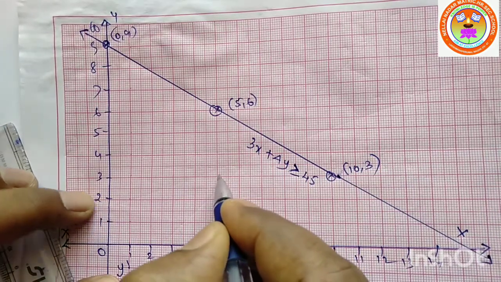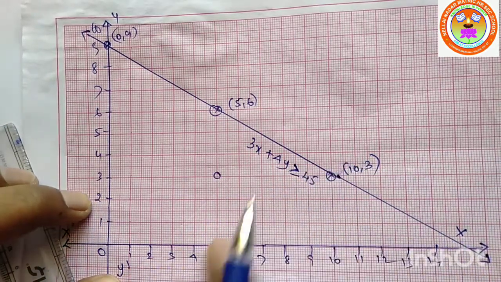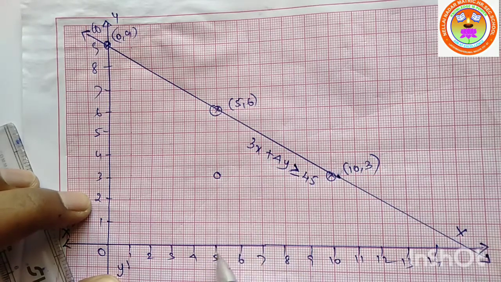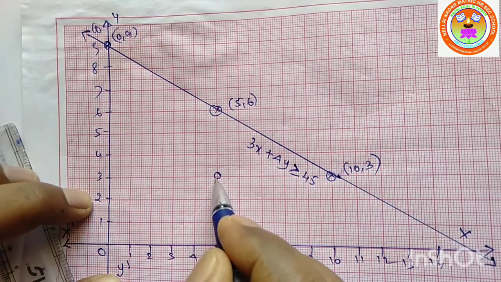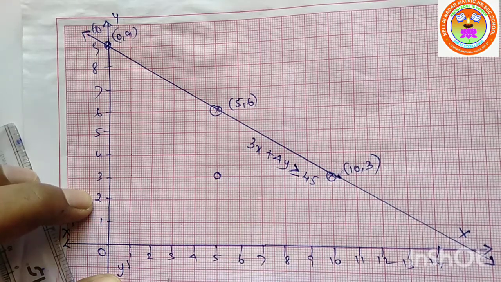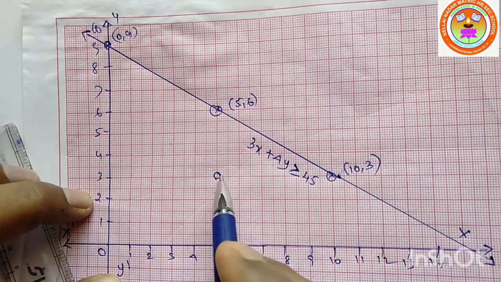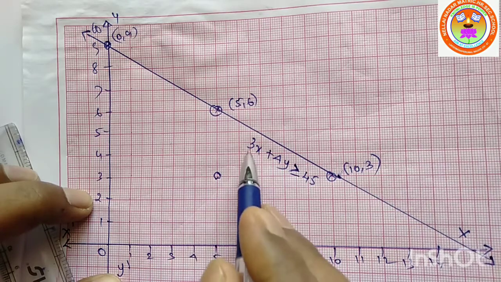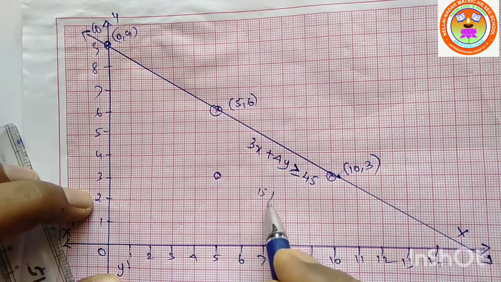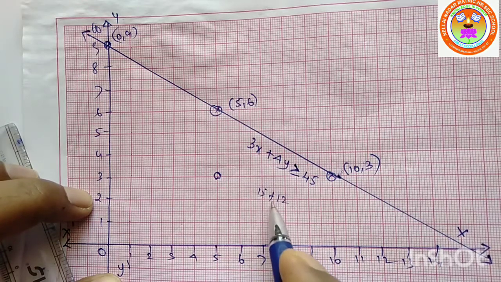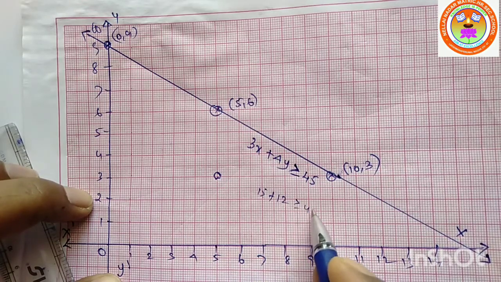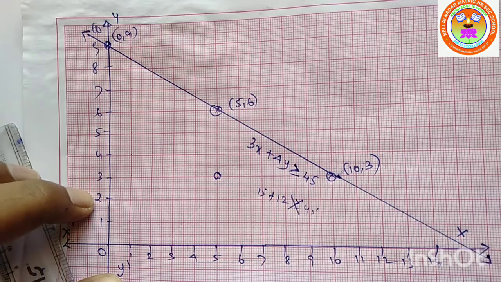See, if we take some values from the left side of the straight line, this point means x value 5, y value 3. If we apply these values, 5 3s are 15 plus 4 into 3, 12. That is 27. Is 27 greater than 45? No, it is not satisfying.